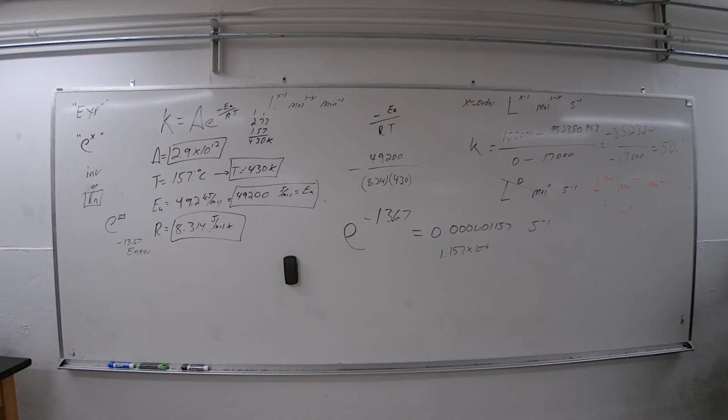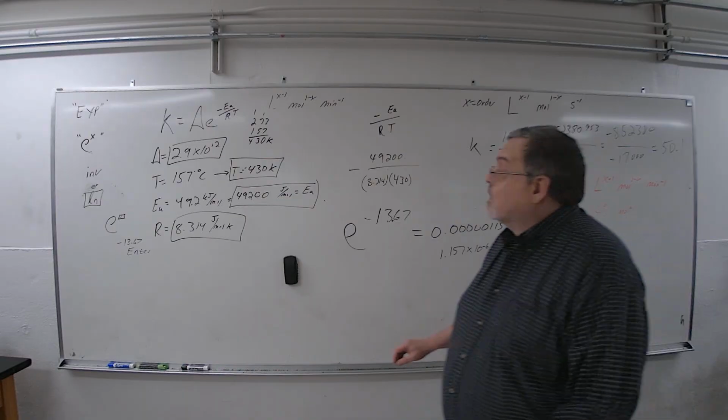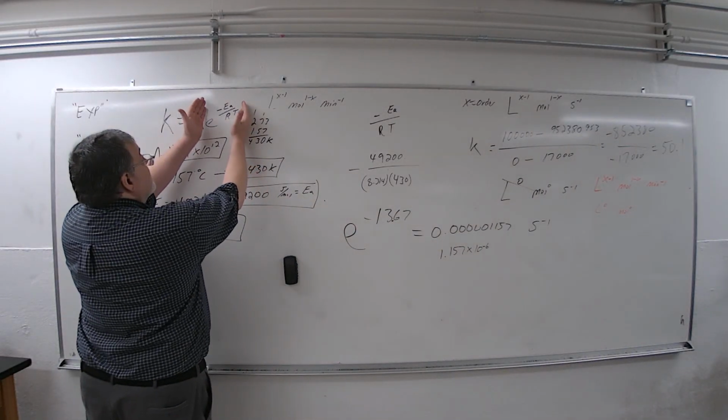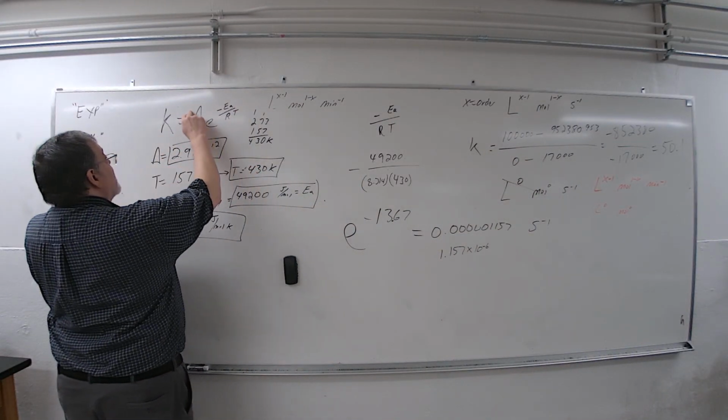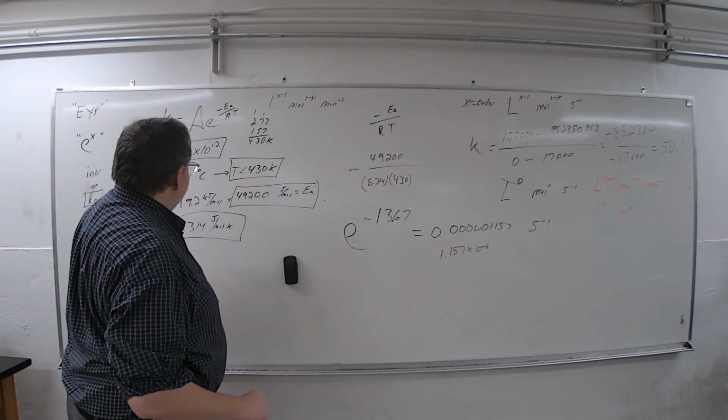Okay, now you're just going to take that and multiply it by A. So we just solved for all of that. Now you multiply by A, it should give us k.